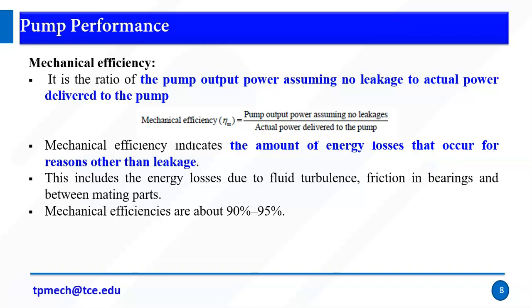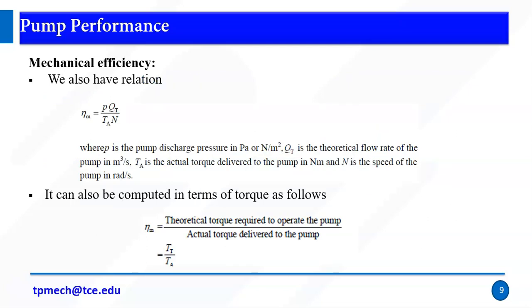So this is in terms of power. Similarly, in terms of torque, the ratio of theoretical torque divided by actual torque is called mechanical efficiency. We have another formula to determine the mechanical efficiency in terms of power and torque: P times QT, where P is the pump discharge pressure, in Pascal, and QT is the theoretical flow rate, divided by actual torque and speed.